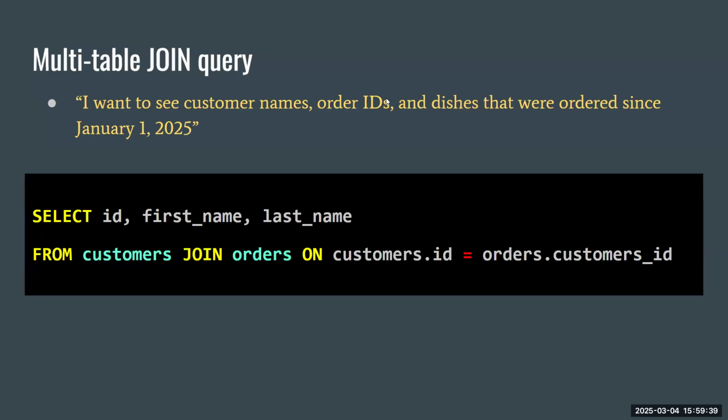All right. So we're going to create a relationship between the customers and orders tables by joining those 2 tables together. Again, the syntax is from customers, join orders, on customers.id equals orders.customers_ID. So this is the foreign key in the orders table, and this is the primary key in the customers table.